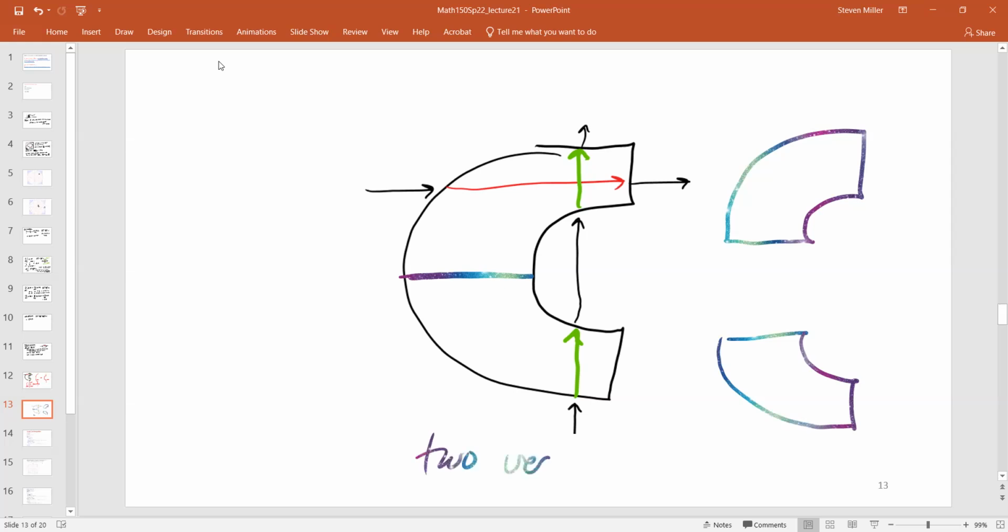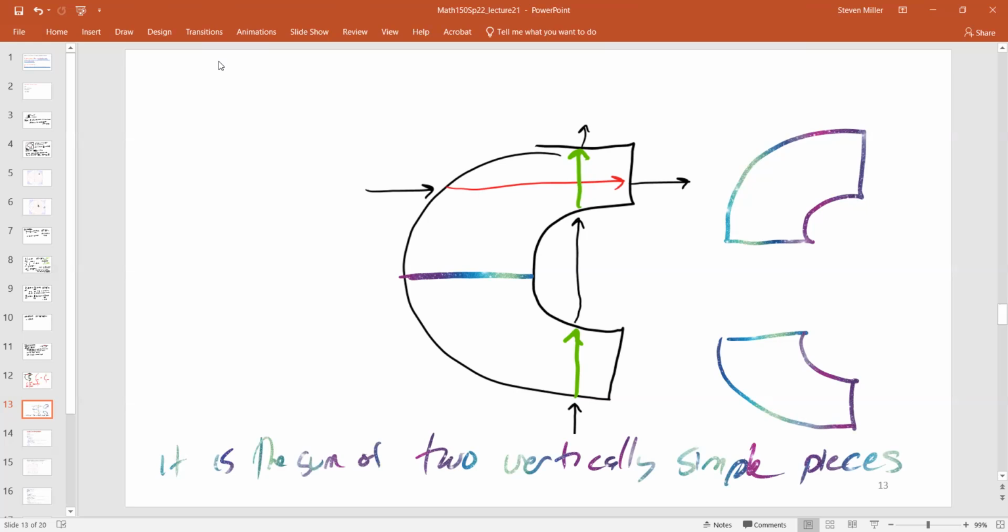Two vertically simple pieces. It's the sum of two vertically simple regions. So even though it's not vertically simple, I can decompose it as a sum of vertically simple.